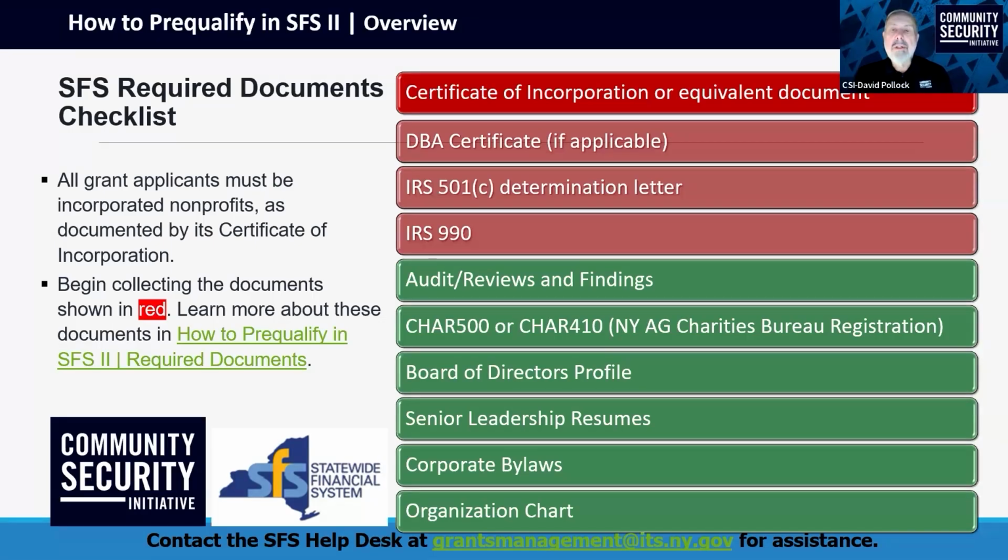That's a foundational document that you needed to start your organization, be it a house of worship, a JCC, a school. You have to be incorporated somehow, and you're going to need a certificate of incorporation. You're going to eventually need all of these other documents, and we'll go through them in detail later.